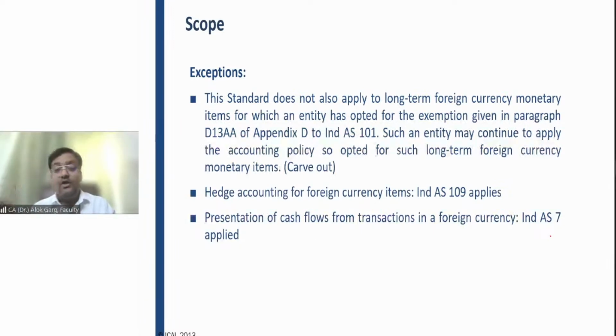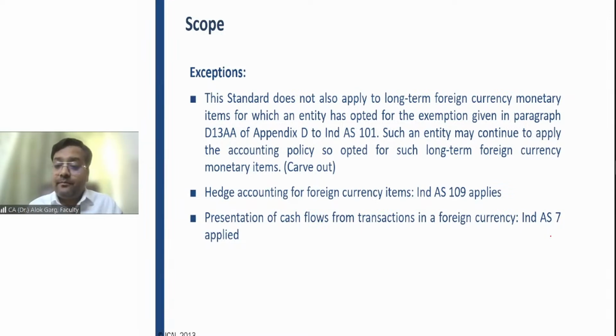So Ind AS 21 says that whatever exchange difference is there, it has to go to the P&L. That's all. I am talking about foreign currency transactions. For example, if you have taken a loan in foreign currency, it is a foreign currency transaction, right? So this is the major difference between Ind AS 21 and AS 11.